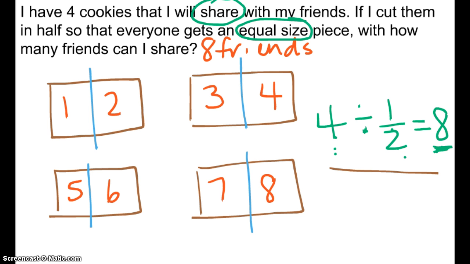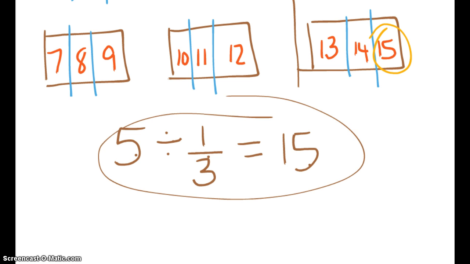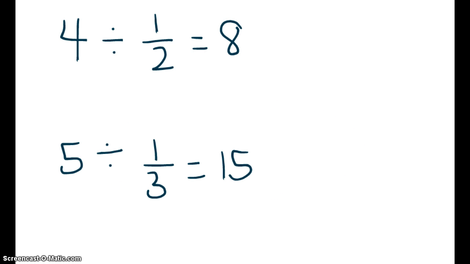So think again about what you notice. So here are the problems again. What you should notice is there's a relationship between 4, your whole number, and your denominator 2, and 8, between 5, 3, and 15.